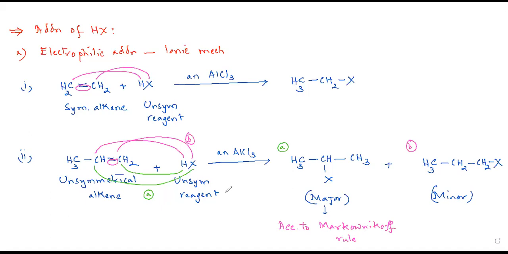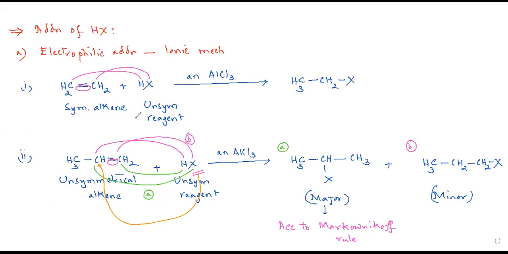When an unsymmetrical reagent is added to unsymmetrical alkene, the negative part of the reagent, here in this case it is X minus, negative part of the addendum or negative part of the reagent adds on to that double bonded carbon which has less number of hydrogens.